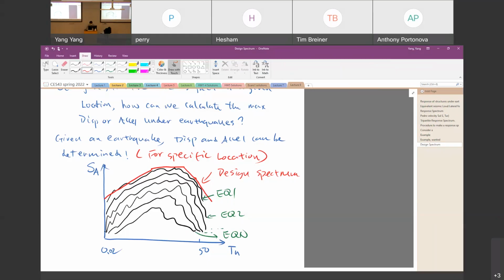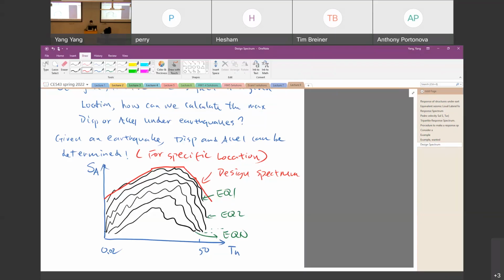But when we do design, we also have to consider, as I mentioned earlier, the level of importance for different types of structures. So for structures of the highest importance, we need to use a higher design spectrum.